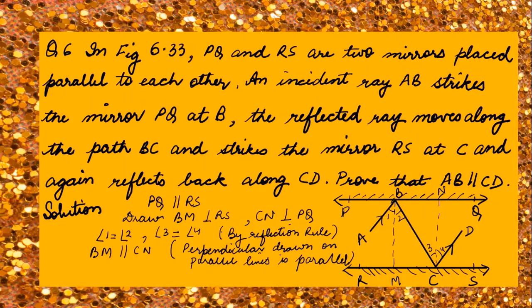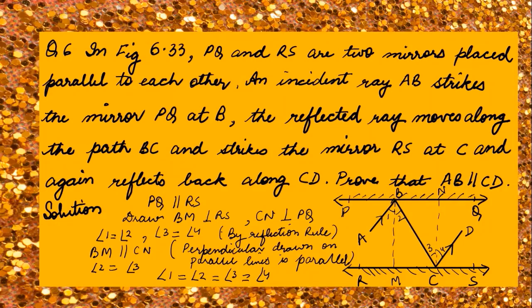Okay, so BM is parallel to CN. Then if these two lines are parallel, then you can say angle 2 equals angle 3. Yes, angle 2 equals angle 3. And if these two are equal, then you can say angle 1 equals angle 2 equals angle 3 equals angle 4. That means the 4 angles are equal.